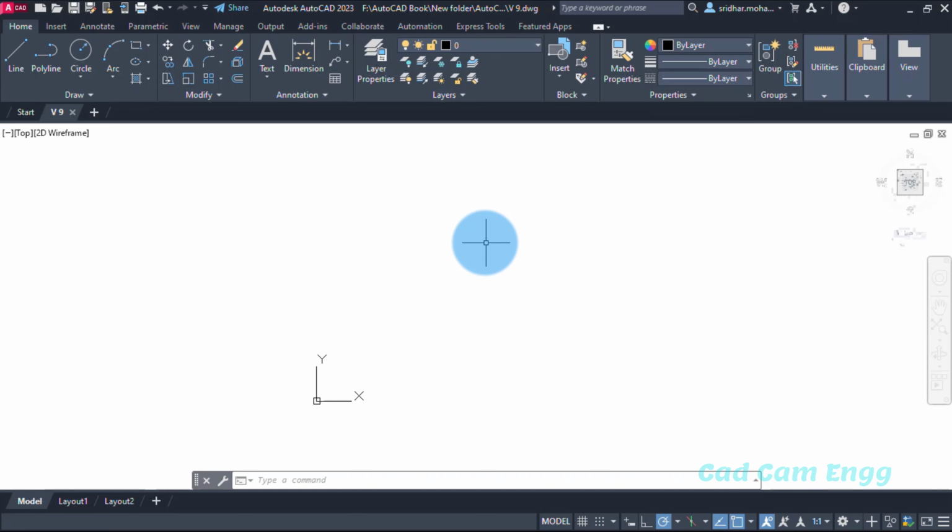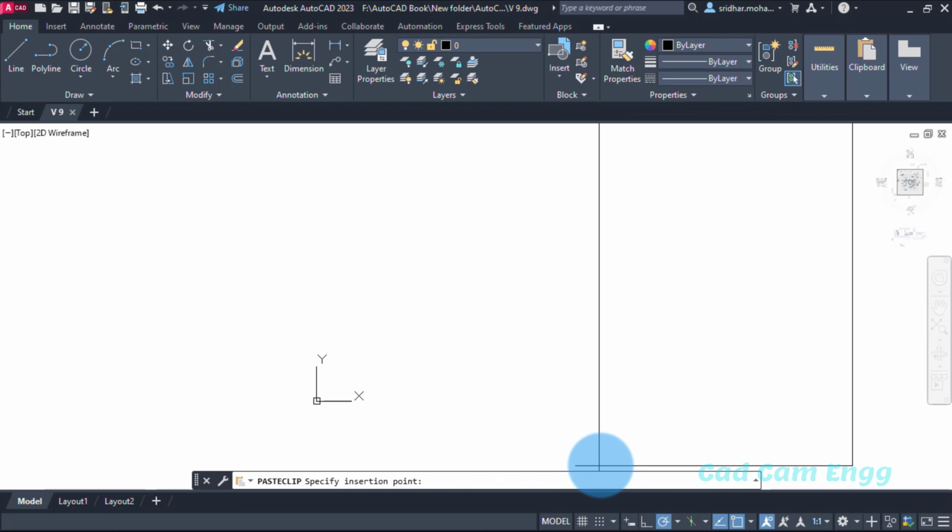Very few, especially 8 or 9 points only, differ between the two versions. So the method is the same. You can use the AutoCAD 2020 version also, no issue, because in 2019, 2022 and 2023 most of the tools are the same, so you don't worry about that.